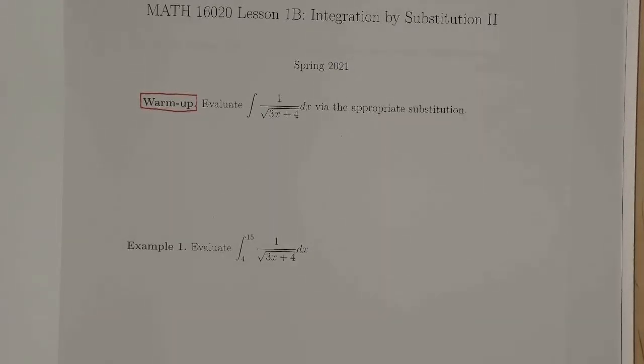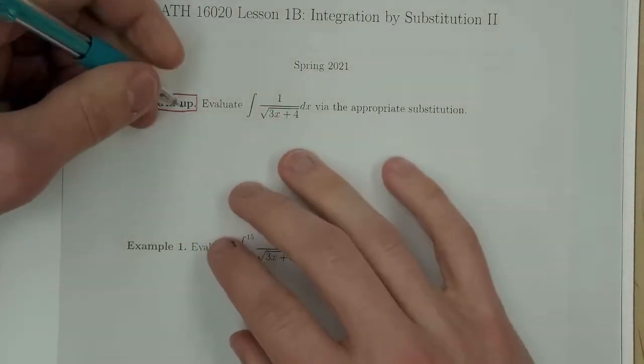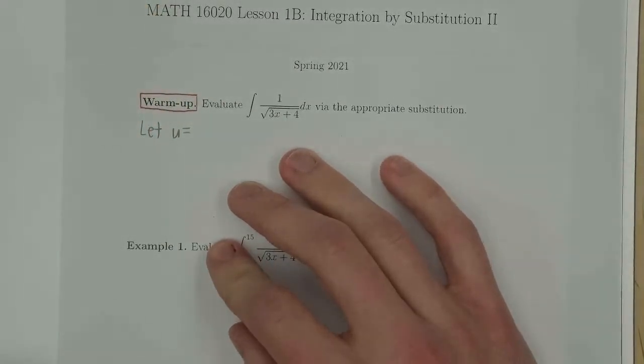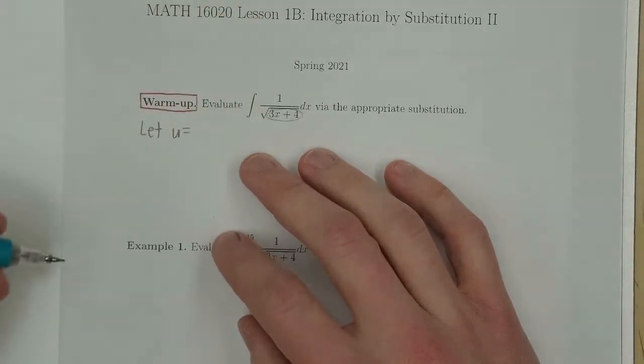So, for those of you that did the warm-up, what did you guys get for your antiderivative? I got 2/3 the square root of 3x plus 4 plus c. Perfect. Alright, so let's talk about why. So in this case, the problem says use the appropriate substitution. So in this case, you would let u equal the linear expression as per our rule from last time.